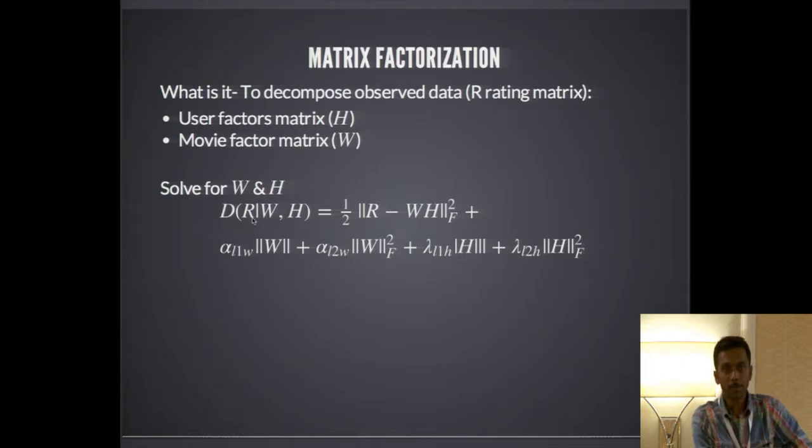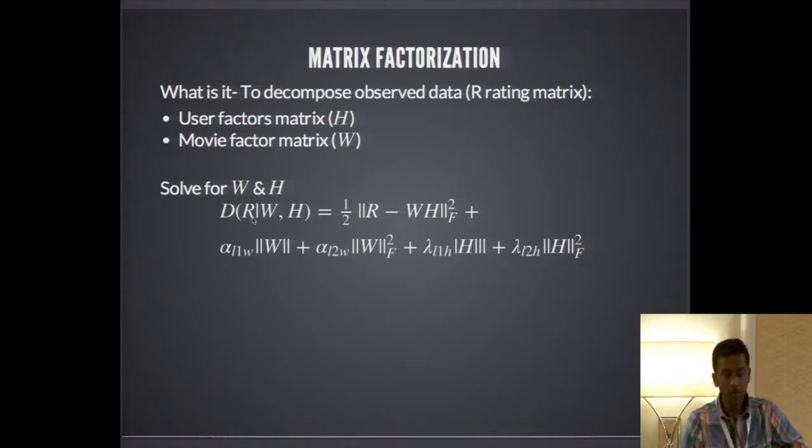From the matrix factorization point of view, suppose we have a rating matrix. What we want to do is decompose it into two matrices: a user factor matrix and a movie factor matrix in this case.